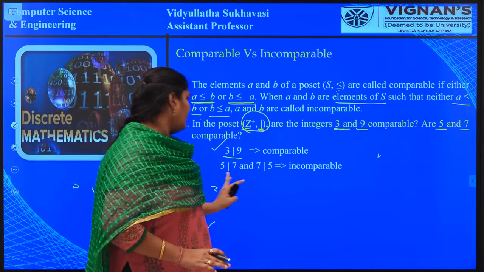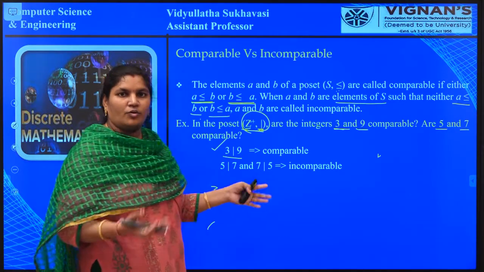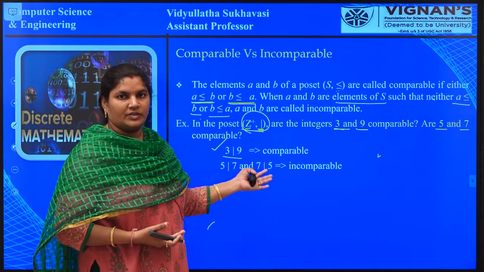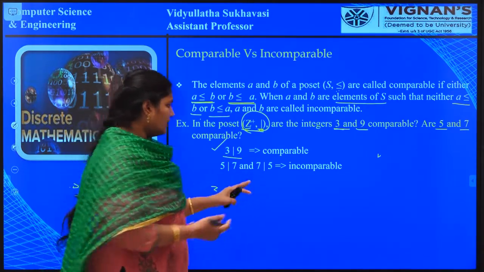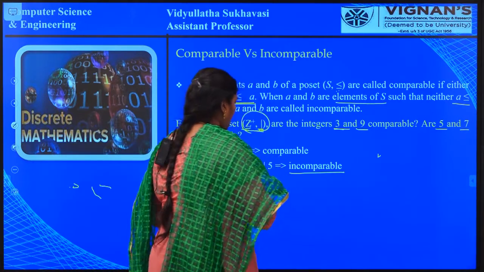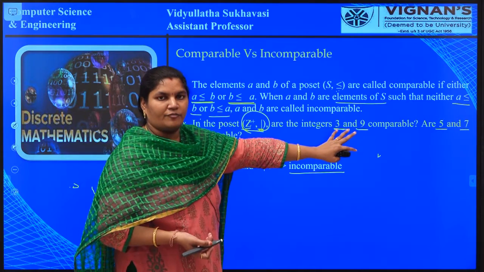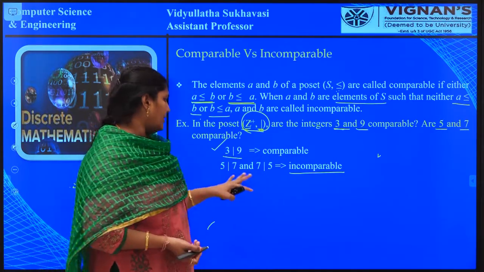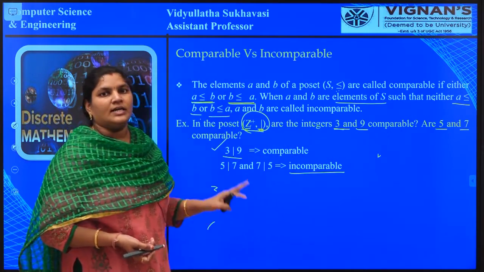When you check 5 and 7, or 7 and 5, no possibility is there. We cannot divide these numbers, the divides operation is not satisfied, so these two are incomparable. So 3 and 9 are comparable, and in the second example, 5 and 7 are incomparable.